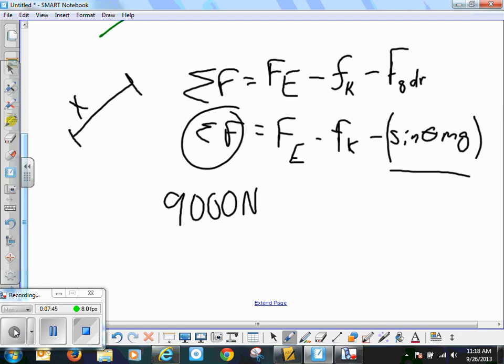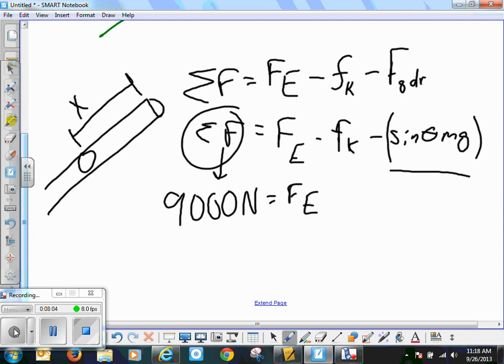And 9,000 isn't the total force of explosion, or the force that the cannon puts on the ball, because we have to overcome these other forces first. So 9,000 is a summation that equals the force of explosion, which is what we're going for in this case.